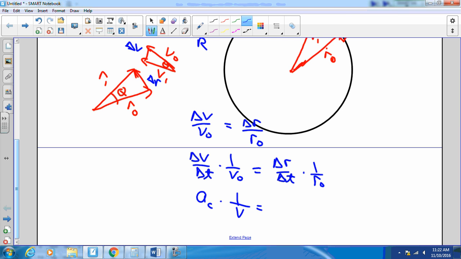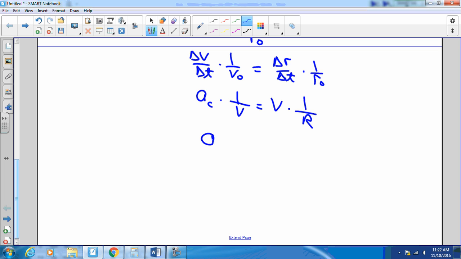And the length of the average velocity is going to be the same as the speed also, because the velocity is not changing in its length as it goes. And finally, r0 is the length of this vector right here, which is the radius of the circle. Well, now it's just a matter of multiplying both sides by v, and I have it.